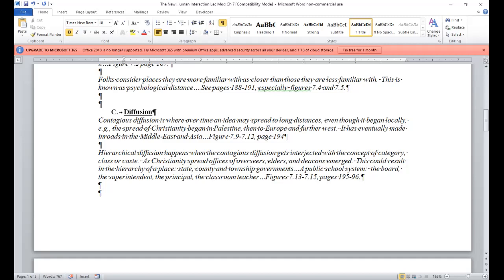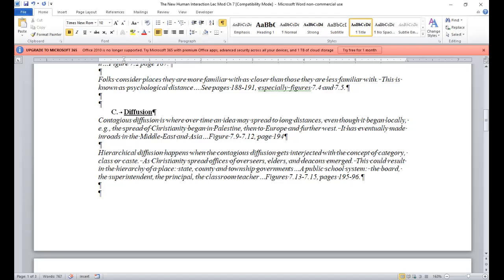An example of this, which I did include for you, is Christianity. Christianity began in Palestine, right? It begins in Palestine and spreads to Europe. It spreads farther west, now making inroads in the Middle East and in Asia, right? But as it spread, hierarchical diffusion got interjected into that.